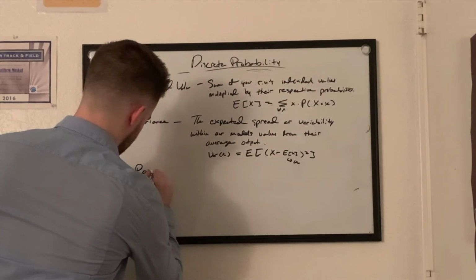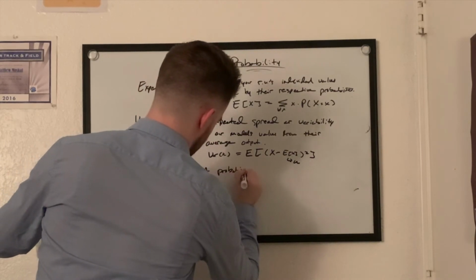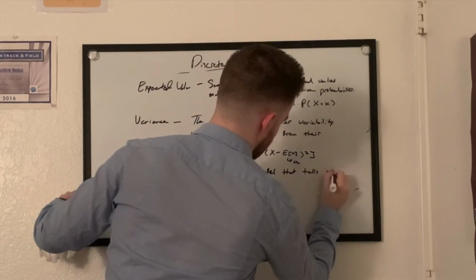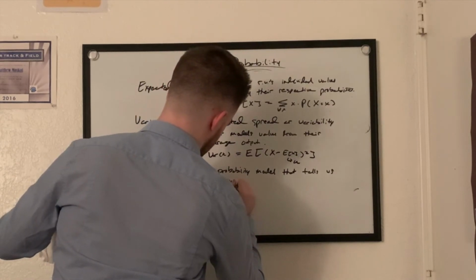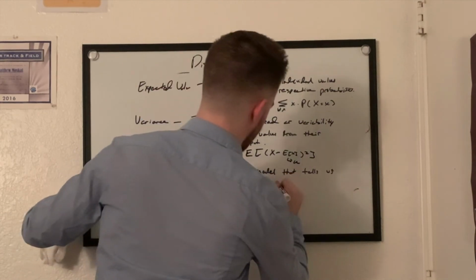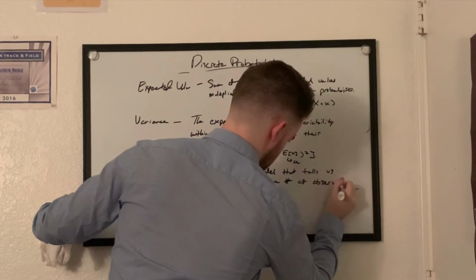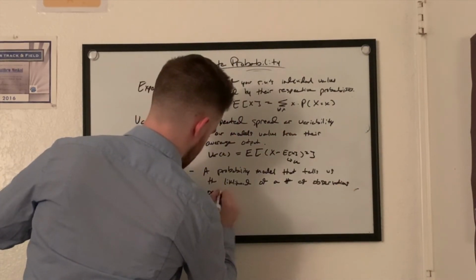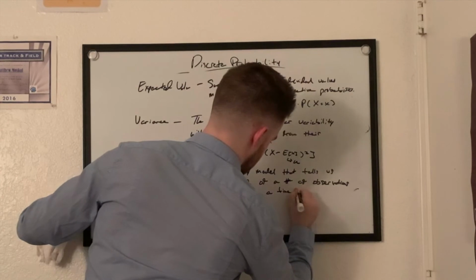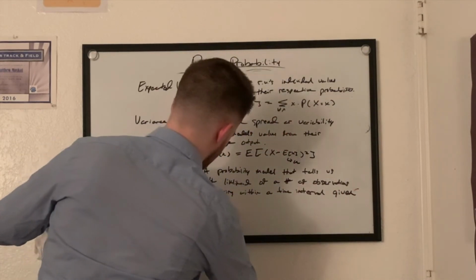So the Poisson distribution is a probability model that tells us the likelihood of a certain number of observations occurring within a time interval, given the average amount that occurs in that time interval.